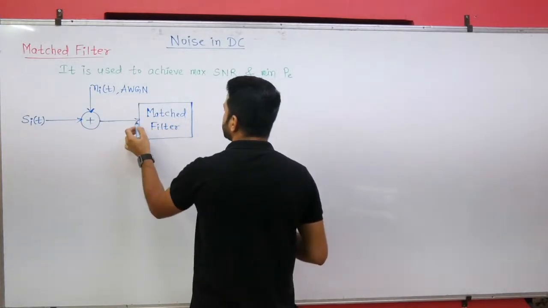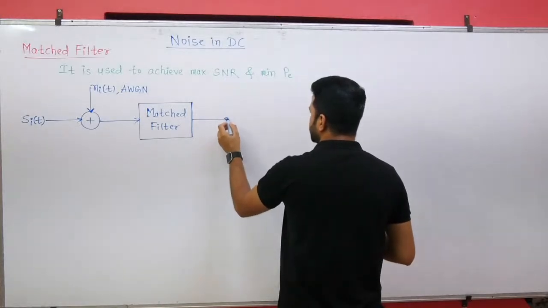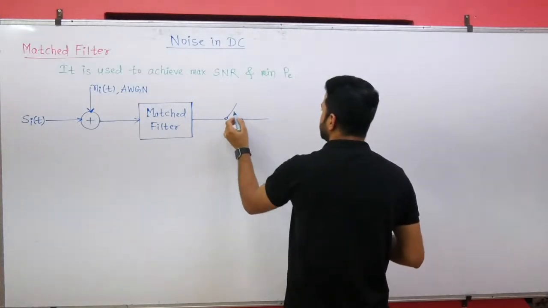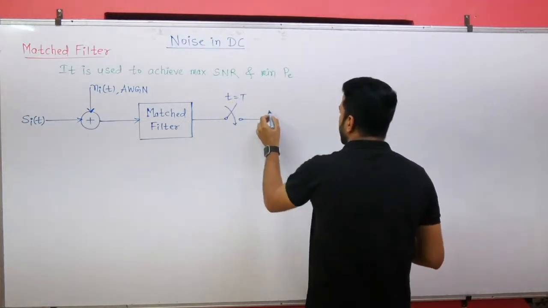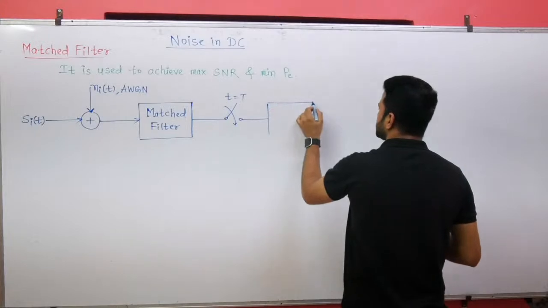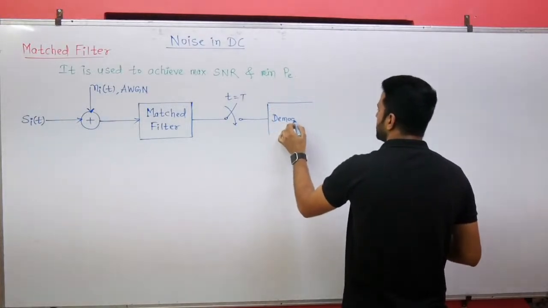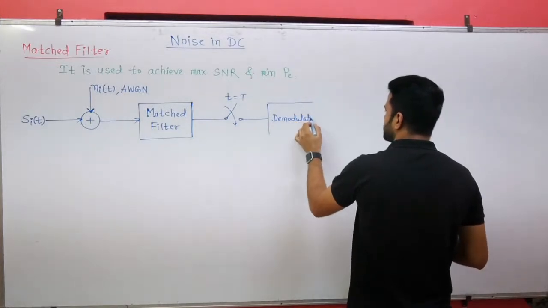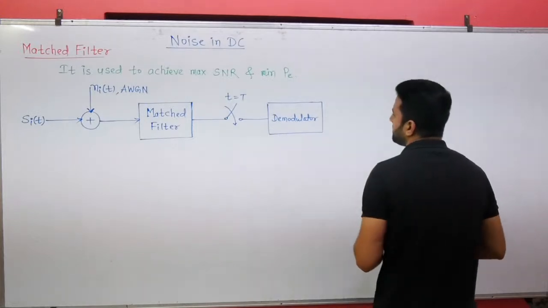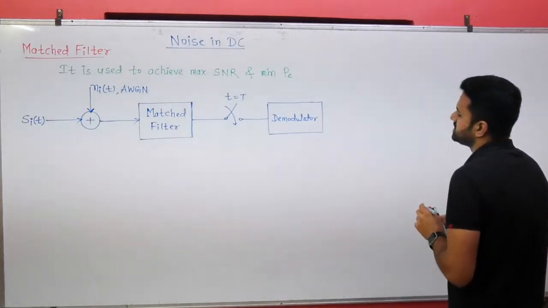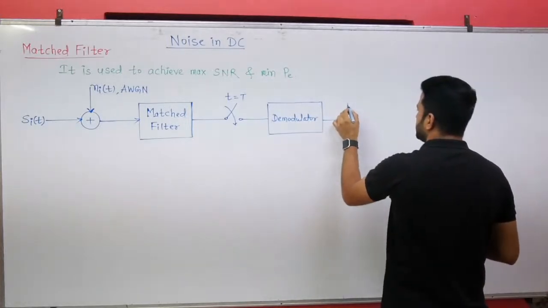This is the match filter, and the output of the match filter is sampled at any time t. The output of this sampler will go to the demodulator, if you are using one.